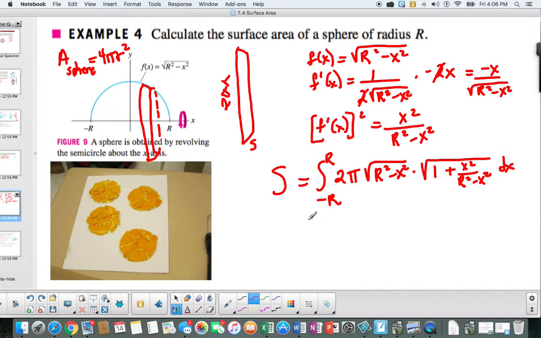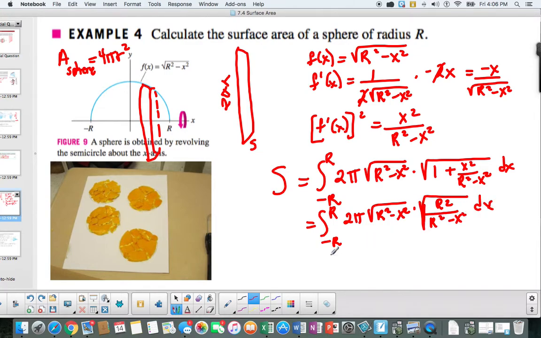So we've squared that. Let's do some cleaning up here, and this is going to be root r squared minus x squared. I'm going to get a common denominator, and when I get a common denominator over here, I'm going to get root, and then this is going to be r squared all over r squared minus x squared dx.